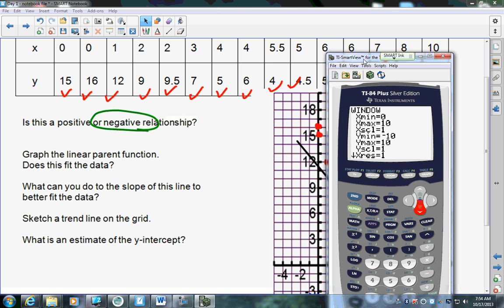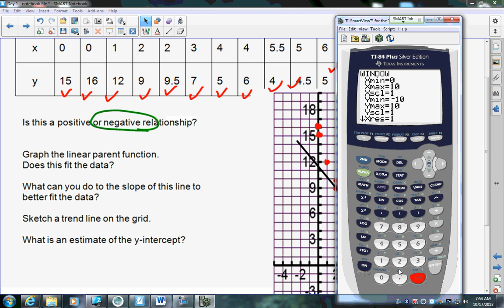I guess I could just leave it at negative 10, but I think I'm going to go to negative 2. My highest is 16, so I'll just go to 20. Now press graph. Okay, so there's my data.